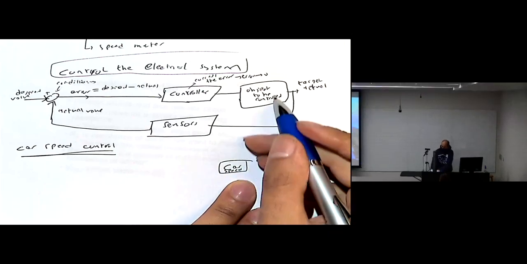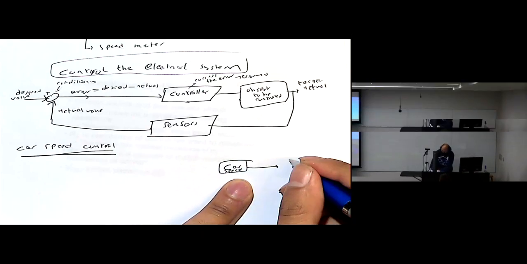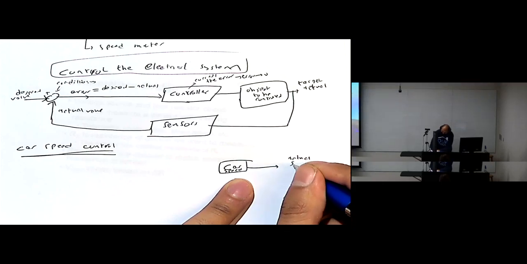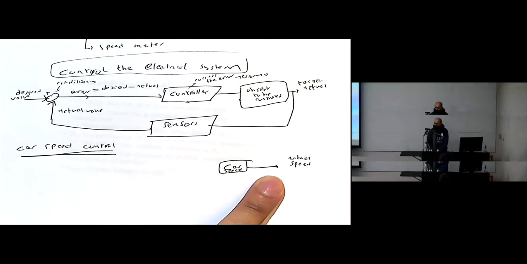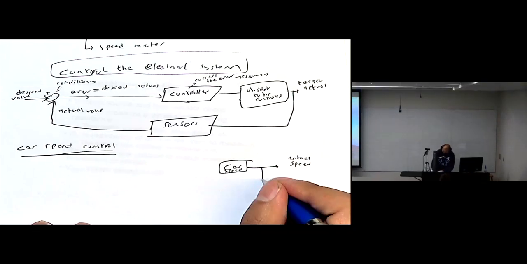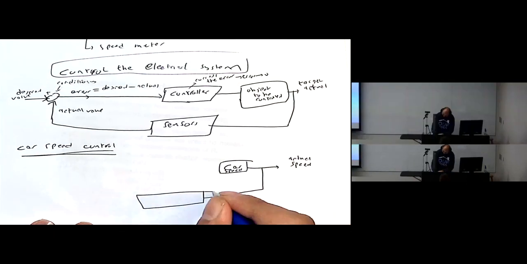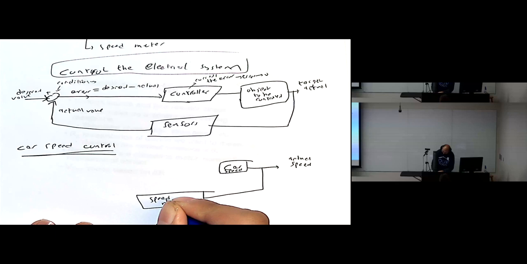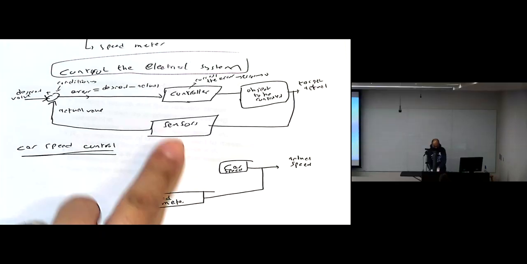This is the object to be controlled, and I measure the actual value of the speed. Then how can I measure this? Using what? Speed meter. This is the sensor, the speed meter.